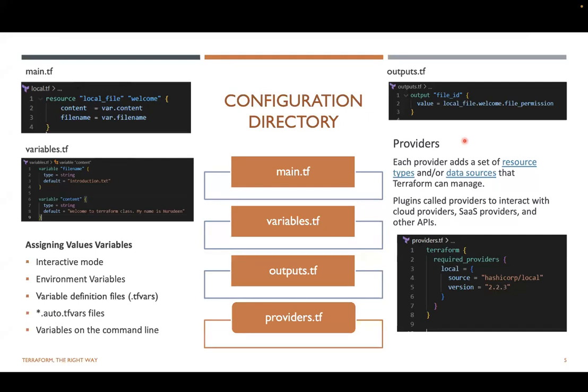I also explained to you that providers allow you to interact with cloud resource providers, or that particular type of resource that you want to create. We have different types of providers: the cloud provider, the SaaS provider, and the API provider. An example of the thing that we created is a provider called HashiCorp local.